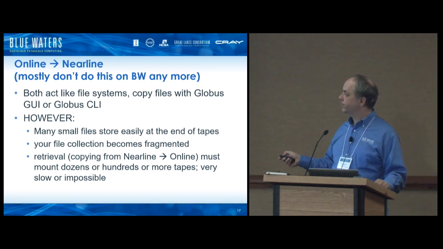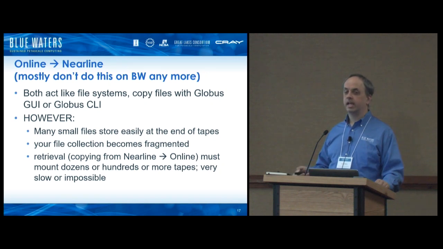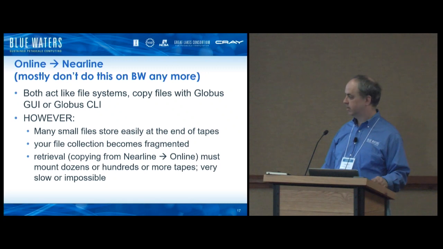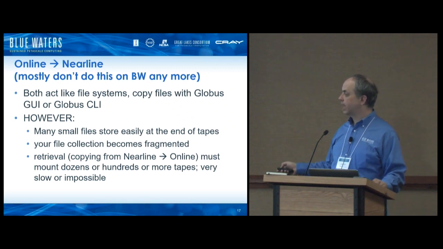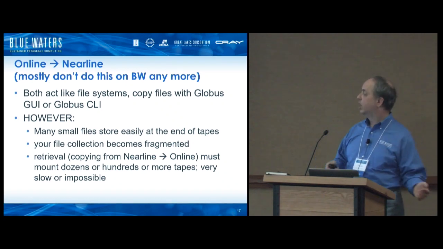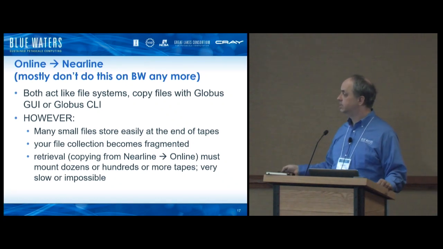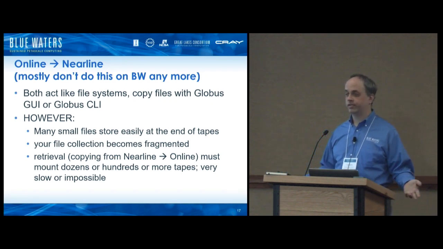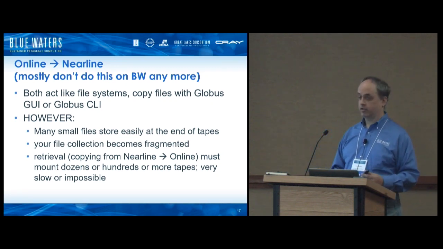However, if you stick tons of tiny files on, the tape system is perfectly happy to spread them thinly over several hundred tapes. Ingest is very fast because it just dumps onto the disk cache. Retrieval is difficult or possibly impossible because you have to spin hundreds of tapes to get all your files back. And it makes Jim sad.